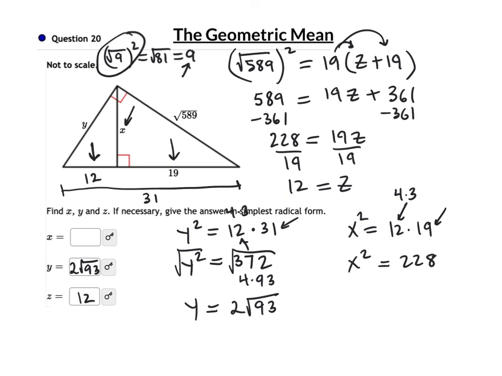If we divide that by 4, we get 57. So when I take the square root of both sides, I get 4 times 57, and the square root of 4 is 2. 2 root 57 is my answer for x.